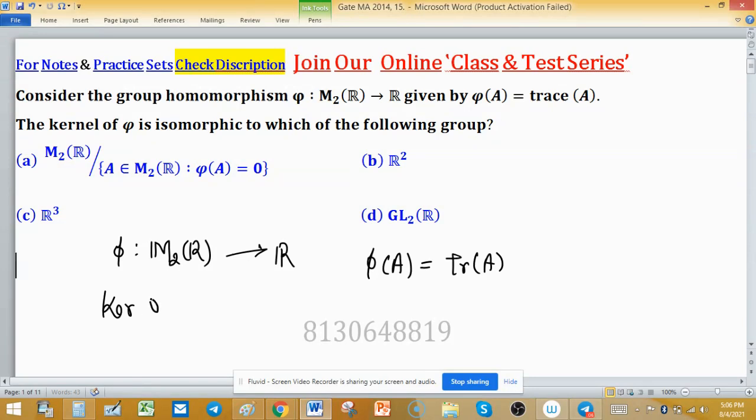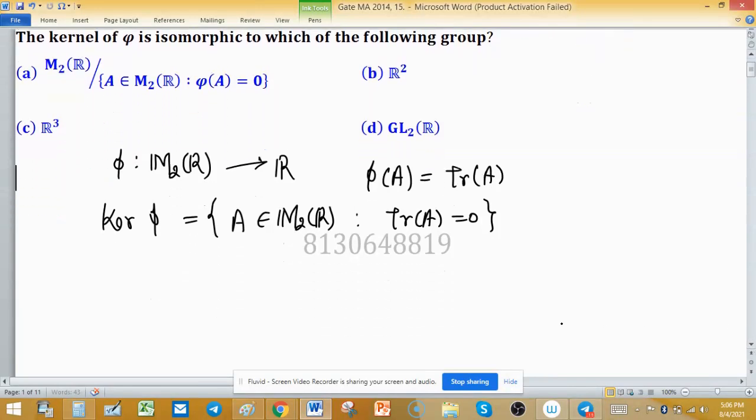So the kernel of phi is a group, defined as all 2 by 2 matrices from M2(R) such that trace of A is 0. This will be the kernel of phi.